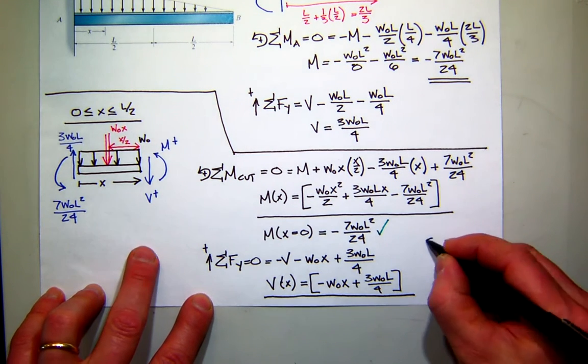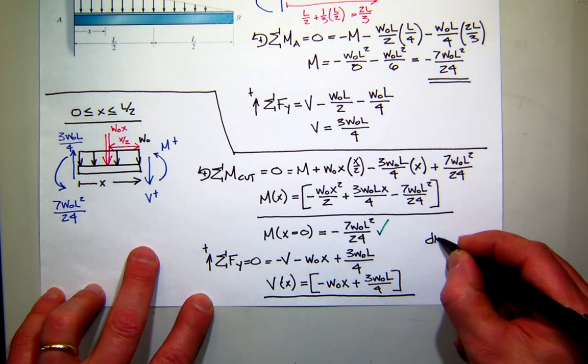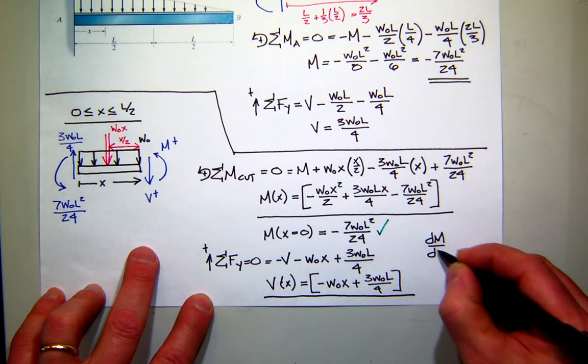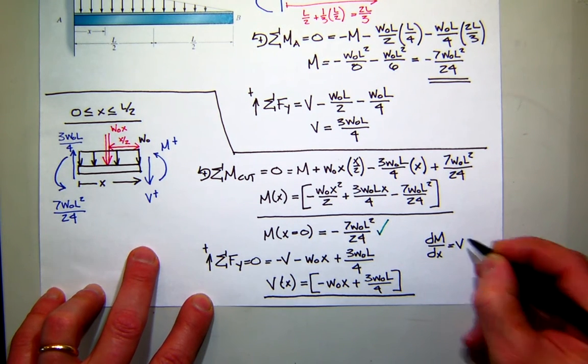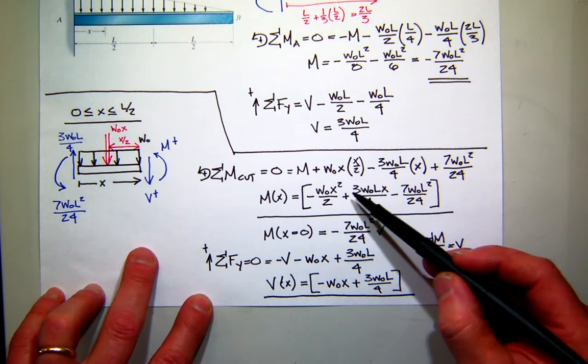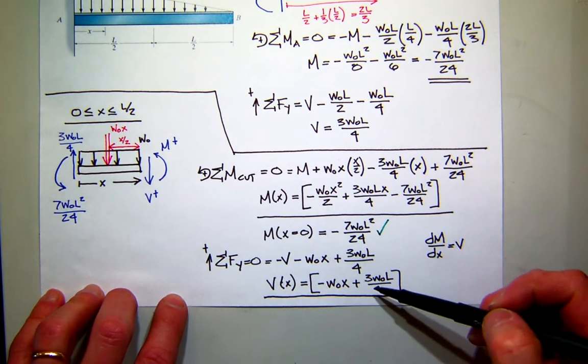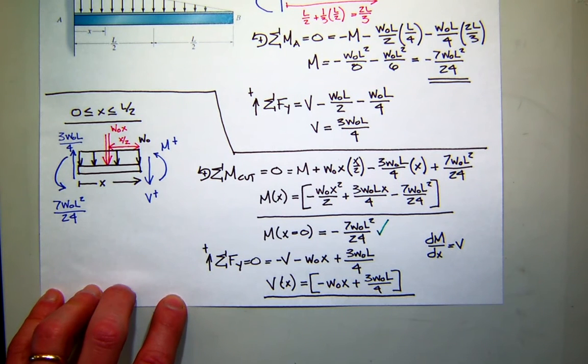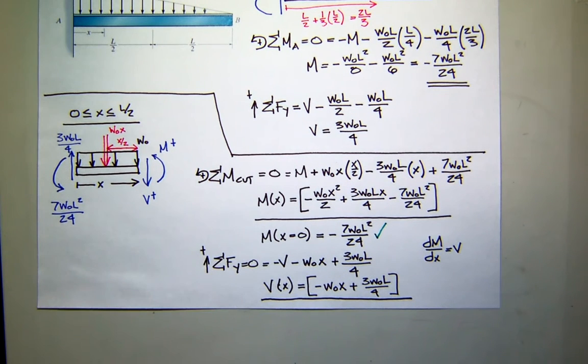Now, one thing we know, we've already proven that the derivative of the moment should equal the shear. And is that true? Let's look at our moment equation. If you take the derivative of this with respect to x, that seems to work. Everybody see that? So that's cool.